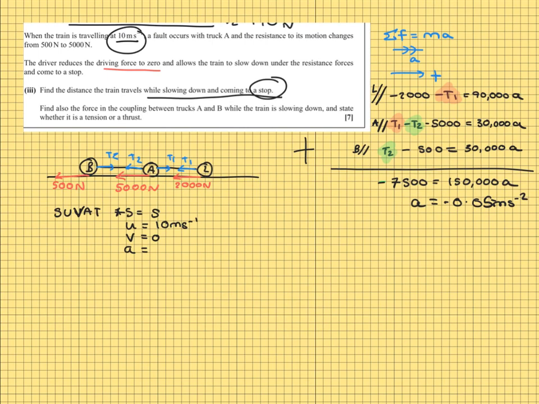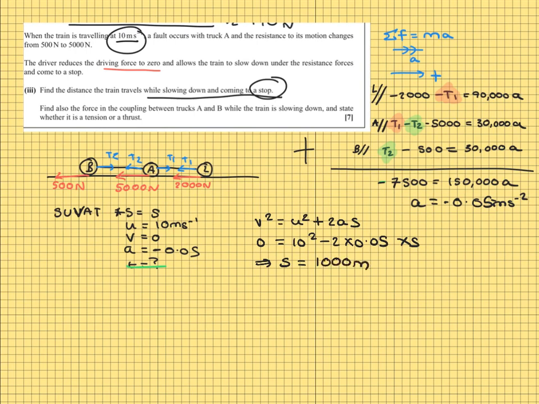Acceleration is equal to negative 0.05 and time we do not know. So using v squared equals u squared plus 2as, 0 equals 10 squared minus 2 times 0.05 multiplied by the distance travelled, which gives the distance travelled as 1,000 metres.